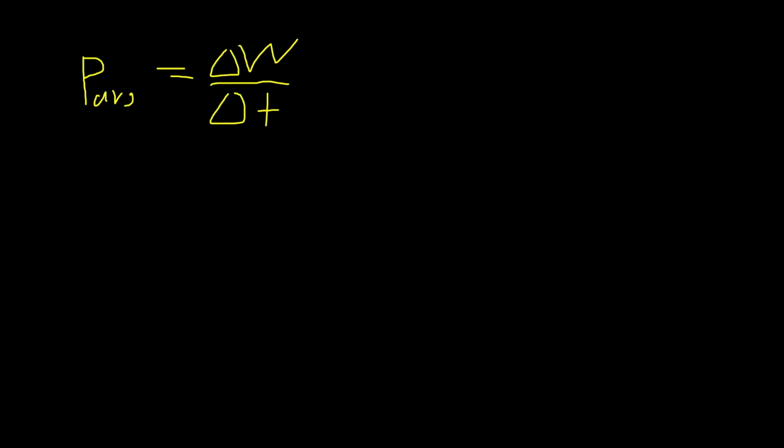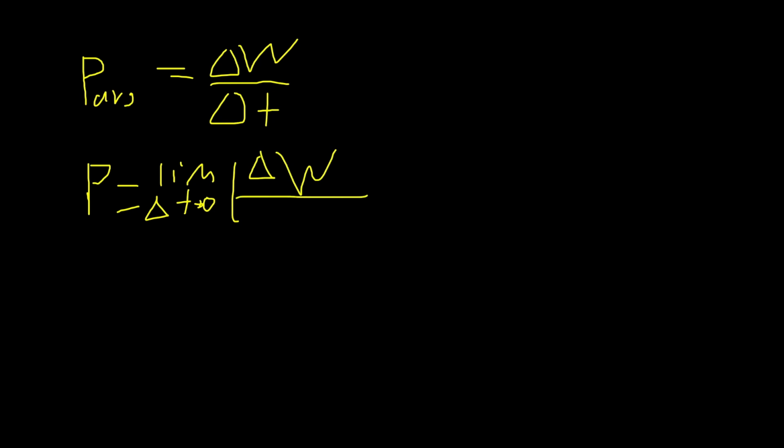And we can also find instantaneous power, and we denote it by writing P as power equals the limit as the change in time goes to 0 of the change of work over the change of time, which equals dW over dt.